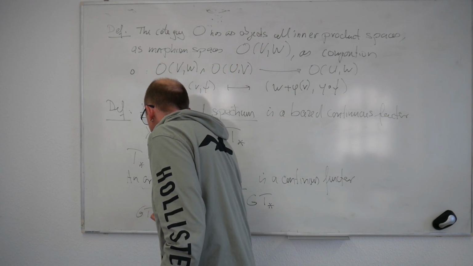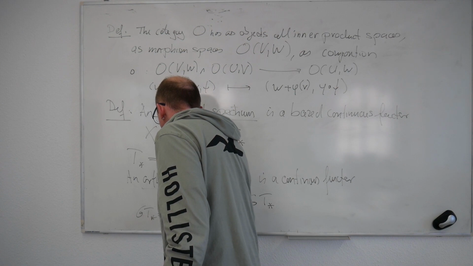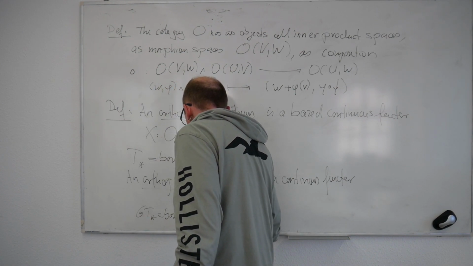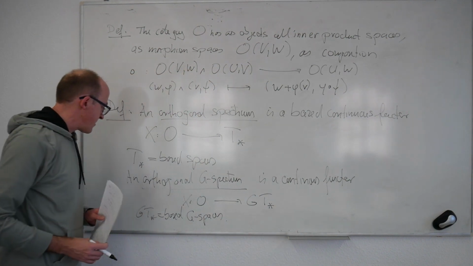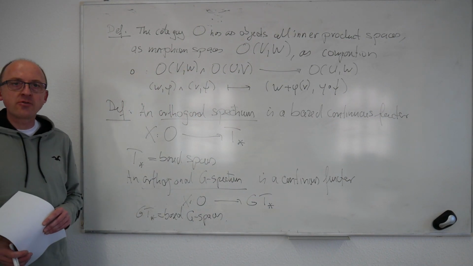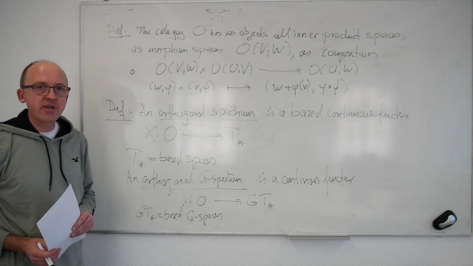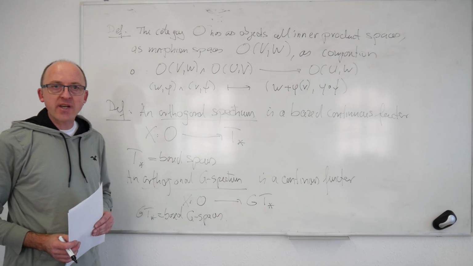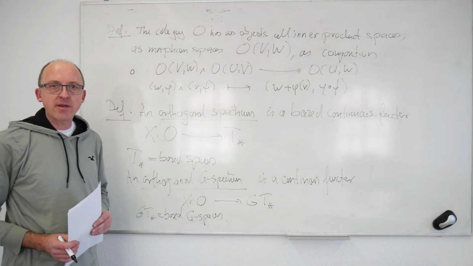So G T_* is based G-spaces. So the objects are G-objects internal to our category, internal to compactly generated spaces. They're equipped with a base point, which has to be fixed by the group action, and we have continuous equivariant maps that fix the base point.